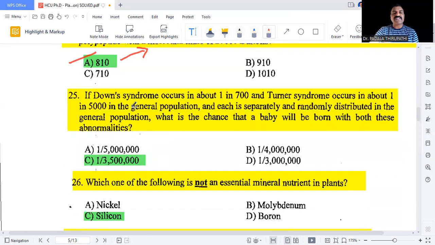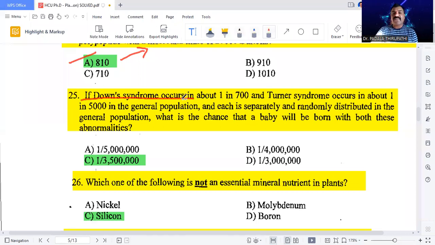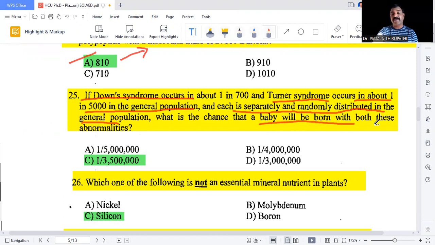Next, if Down syndrome occurs in about 1 in 700, and Turner syndrome occurs in about 1 in 5,000 in the general population, and each is separate and randomly distributed in the general population, what is the chance that a baby will be born with both these abnormalities?